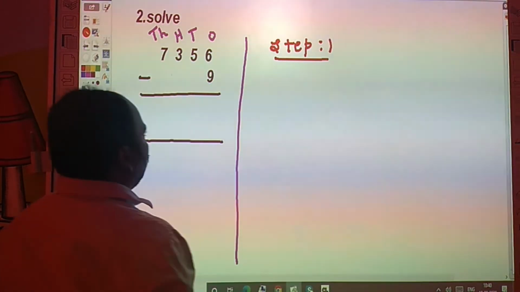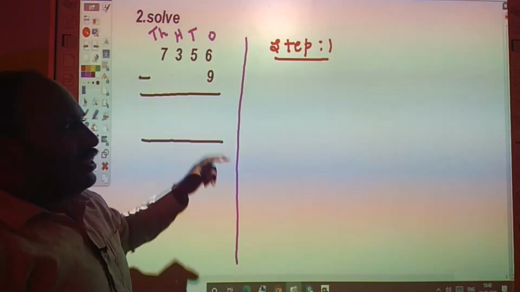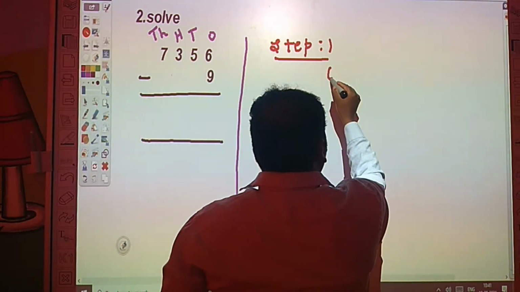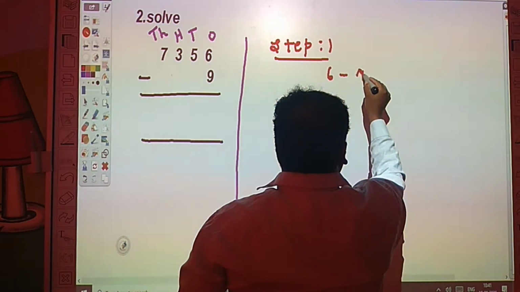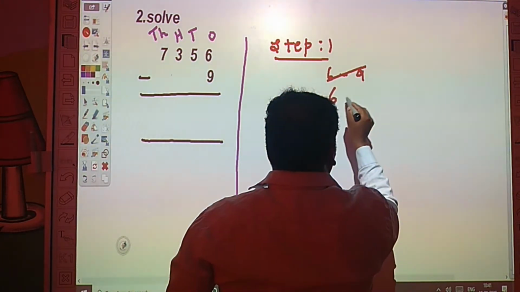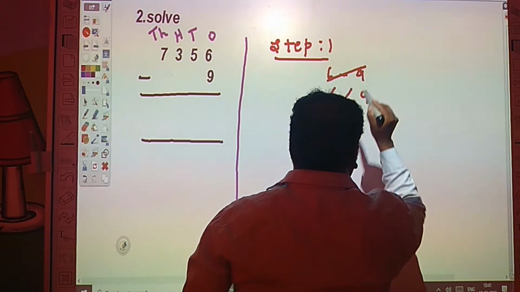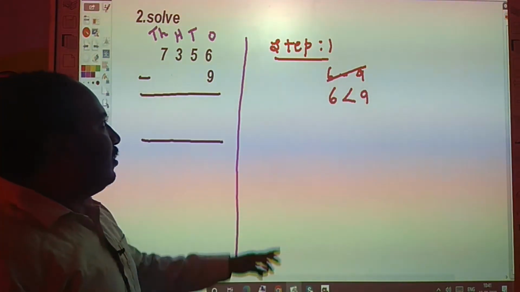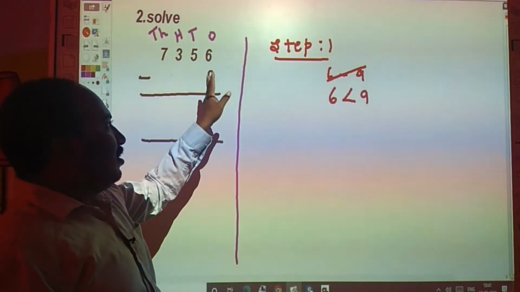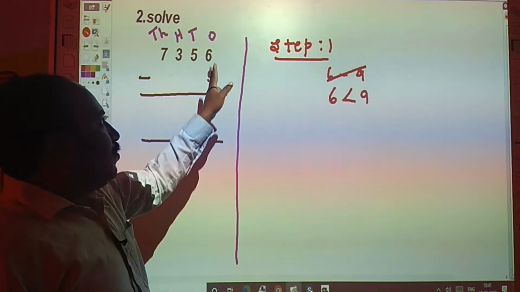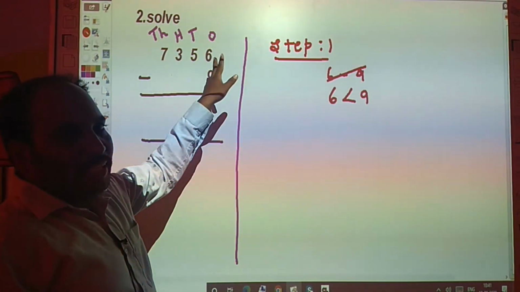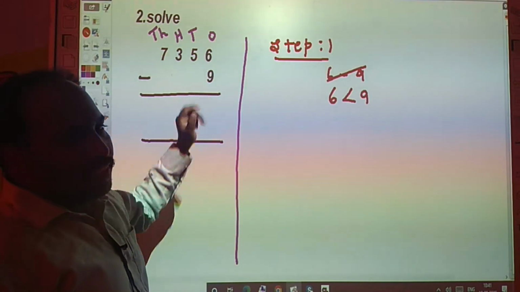Here our ones place value is 6 minus 9. 6 minus 9 is not possible because 6 is less than 9. 6 is the smaller number, 9 is the greater number. We want to subtract the smaller number from the greater number, so it is not possible.